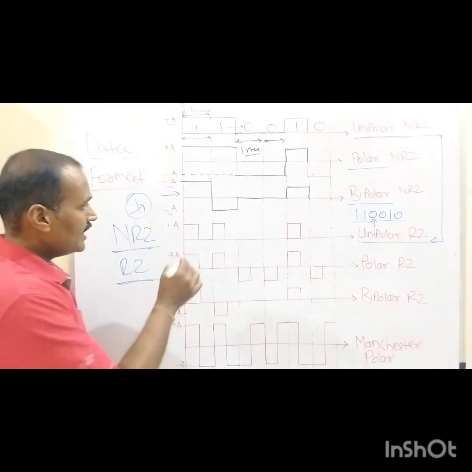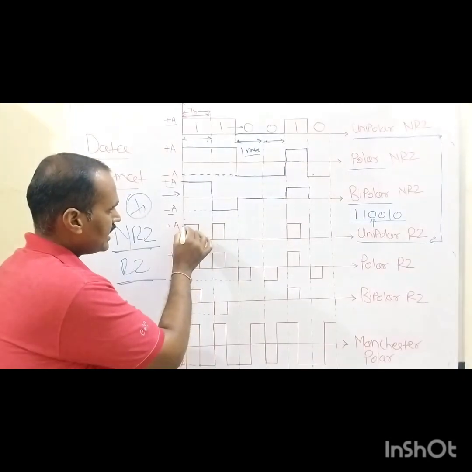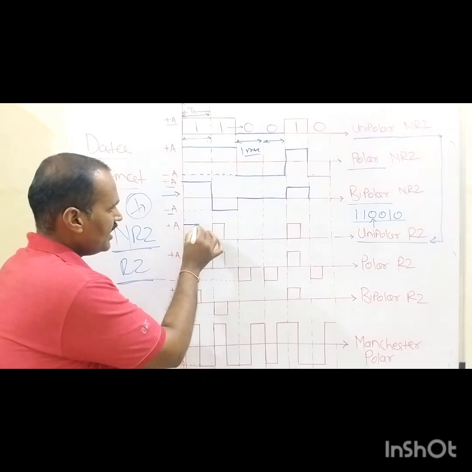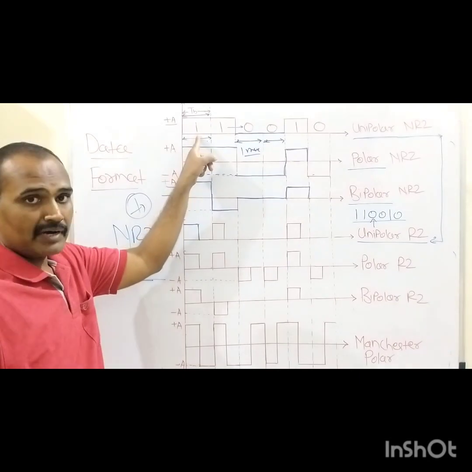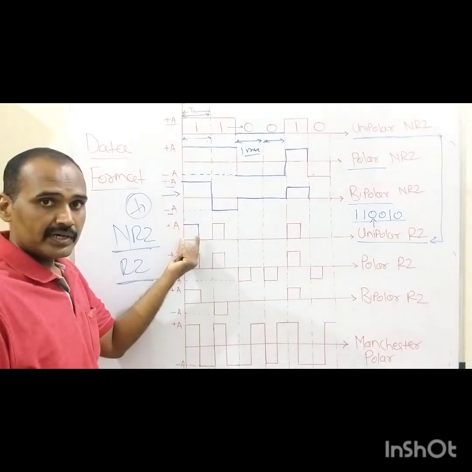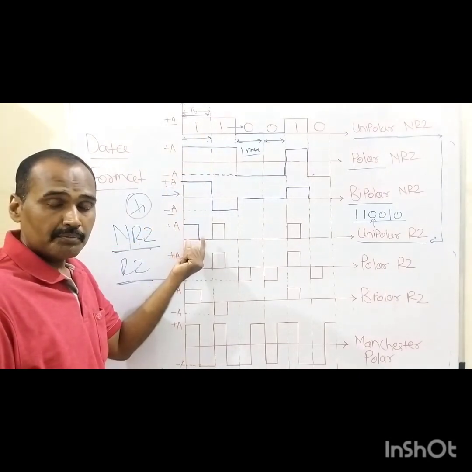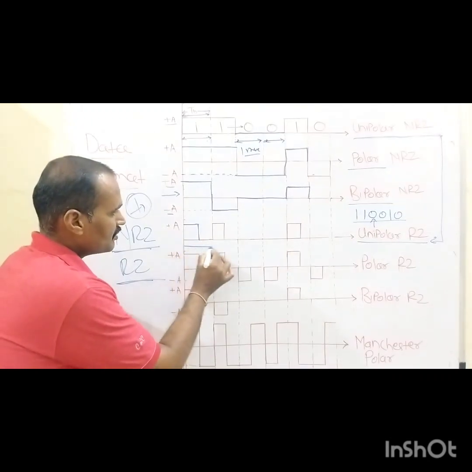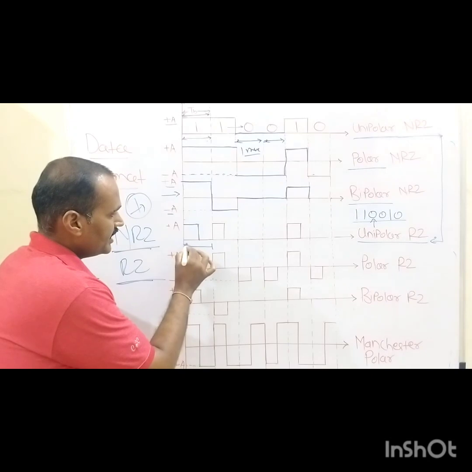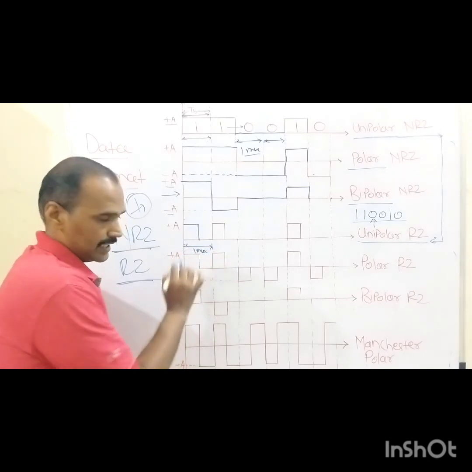So by taking this fact into account, carefully try to see this plus A volt is being assigned to represent binary 1 during the first half bit duration of that binary 1. This is the bit duration for binary 1, if suppose it is 1 millisecond, right?